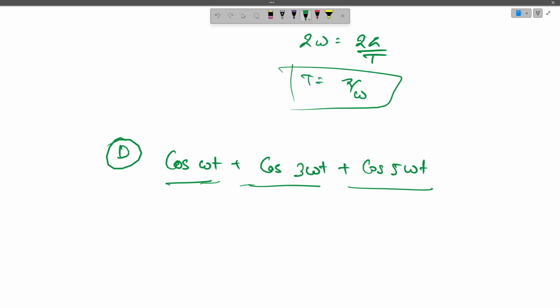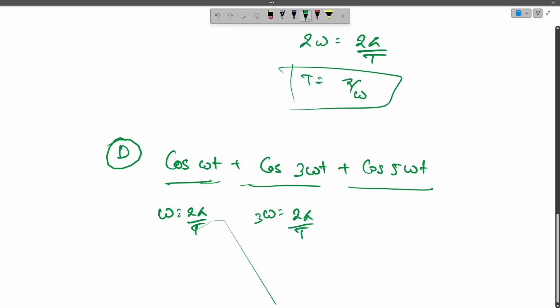So here omega would be equal to 2 pi by T, and here 3 omega would be equal to 2 pi by T, and in this part we have 5 omega would be equal to 2 pi by T. So here T would be equal to 2 pi by omega, and for the others 2 pi by 3 omega and 2 pi by 5 omega.